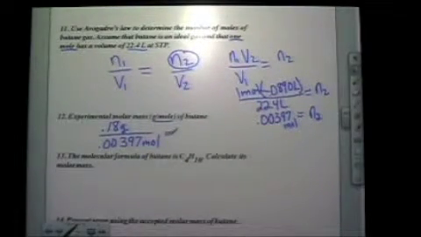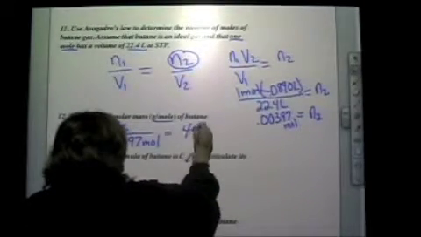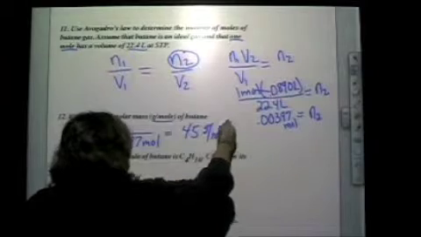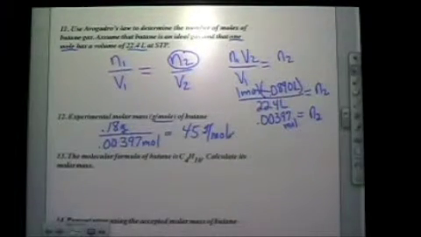Dividing is going to give us 45 grams per mole, which is a much better value than the 135 grams per mole we had on the run we did in class.